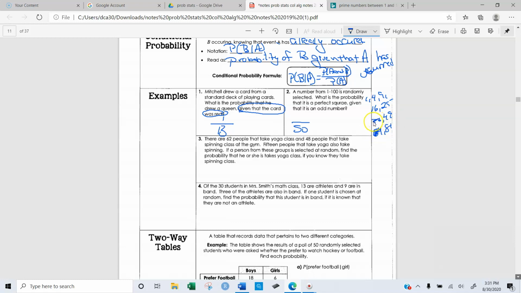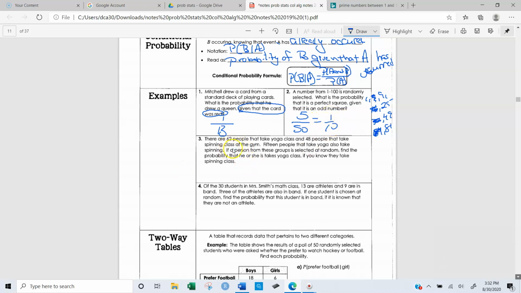So 64 is even, I'm sorry. So we have 1, 2, 3, 4, 5. No, 1, 2, 3, 4 odd ones, wait. We got 5 out of 50, which means we have 1/10.